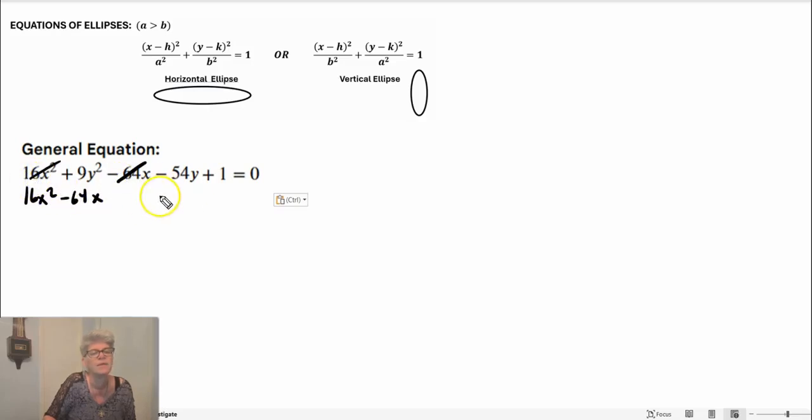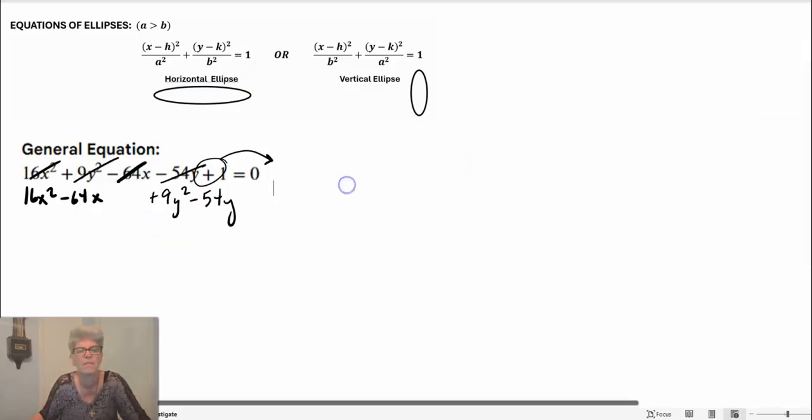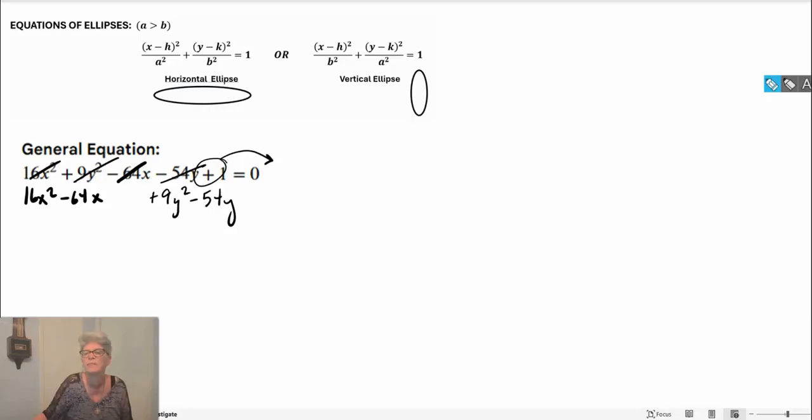Okay. I'm going to leave a bit of a gap, and then I'm going to put my y terms together. And I want to get my constant to the other side, and so what I'm going to do is subtract 1 from both sides.